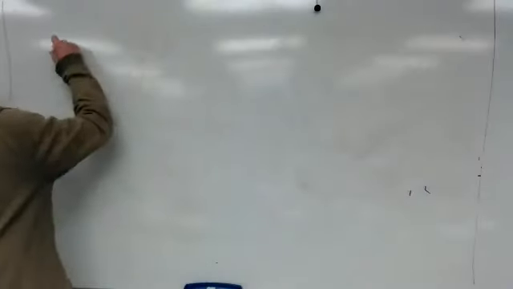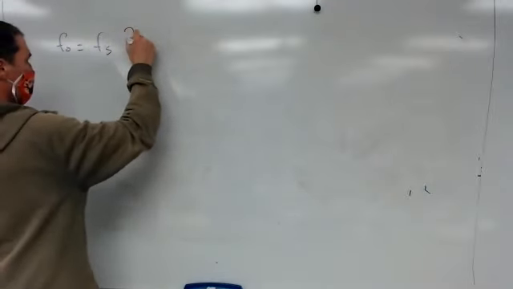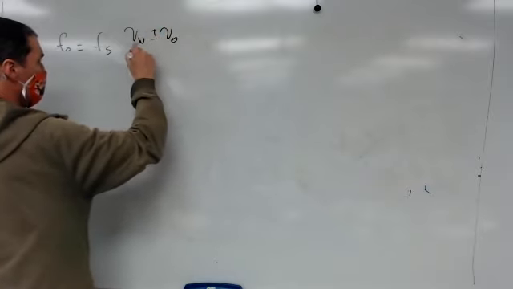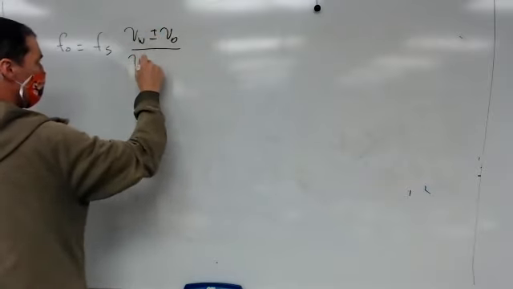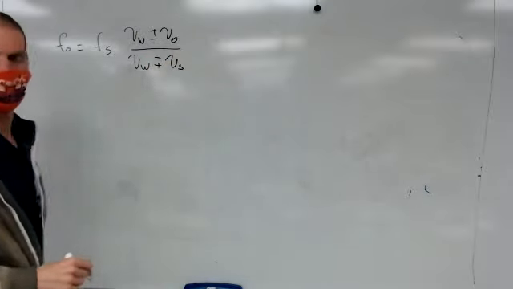So, frequency observed, you got frequency of source, velocity of wave, velocity of the observer. It kind of sucks because the only examples I have were big chain problems, zombie apocalypse problems.